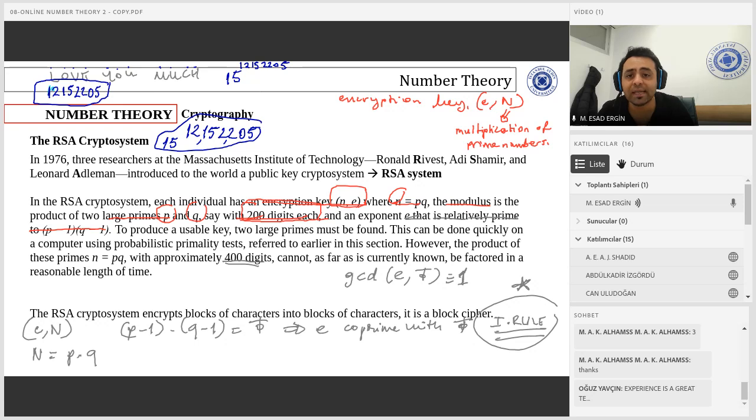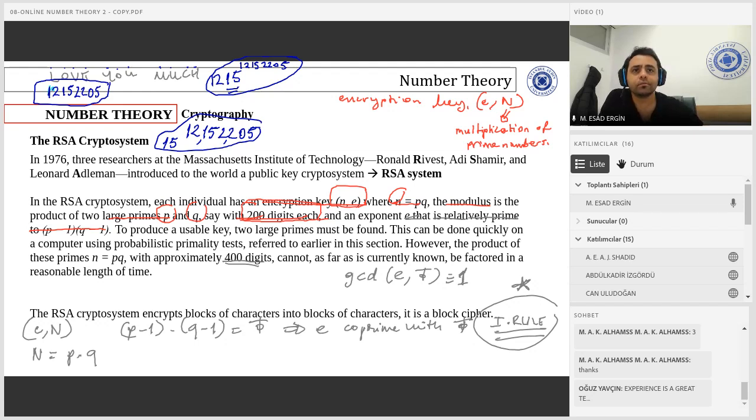We cannot solve any problem like this by using only our calculator, and our computers may not solve that problem too, because it will take so much time. So that's why we are going to use only a sample, and you will understand the philosophy of the RSA algorithm and how the RSA crypto system actually works.